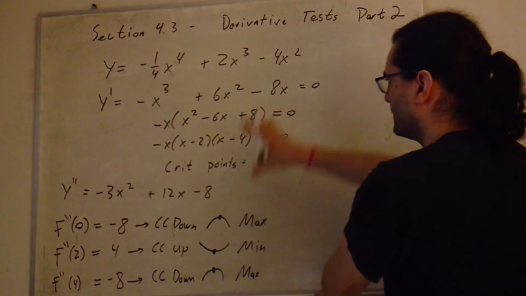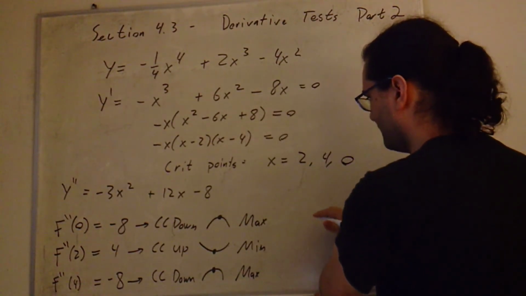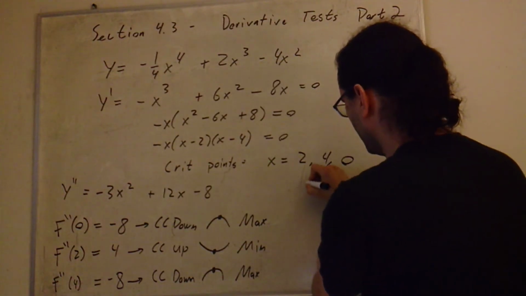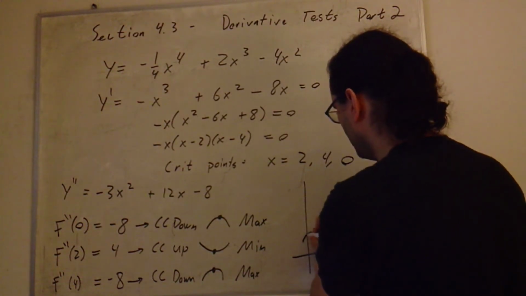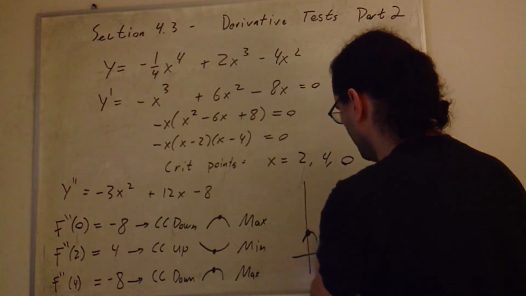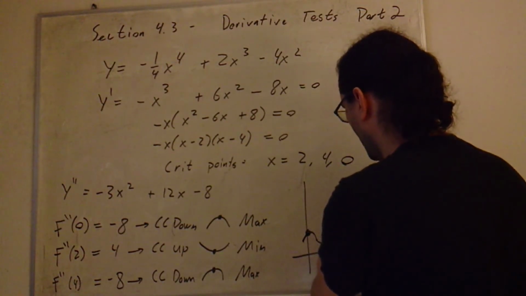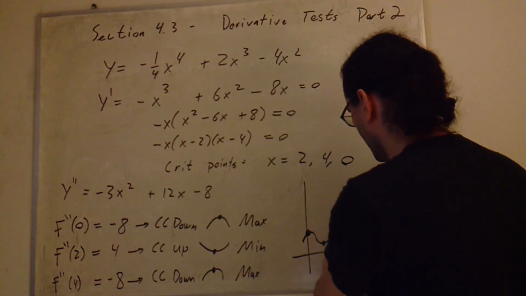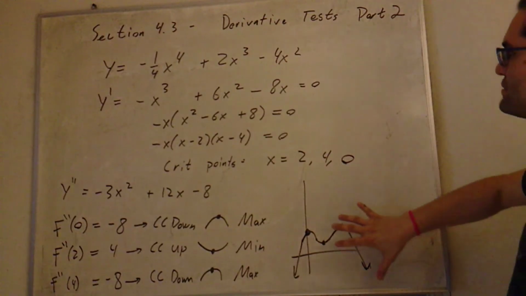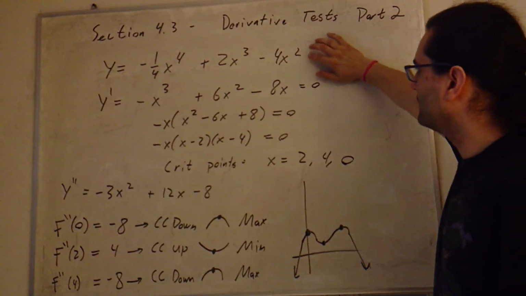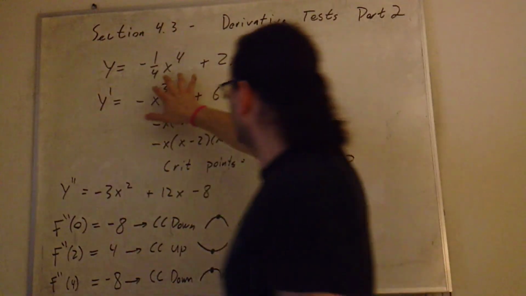So without getting into any real details of this graph, it looks like I have a maximum at 0, a minimum at 2, a maximum at 4, and then it probably does this. Does that match what we think should be happening? Yeah.